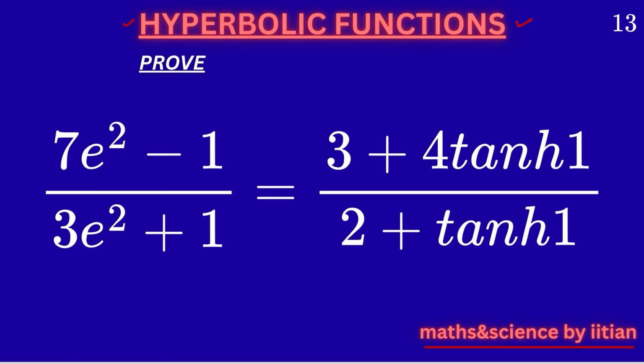From there, we will derive the value of tan hyperbolic 1, and we try to prove and solve the problem by proving that (7e square minus 1) by (3e square plus 1) is equal to (3 plus 4 tan hyperbolic 1) divided by (2 plus tan hyperbolic 1). This we will be doing. It's a very important topic. It's a very good example.